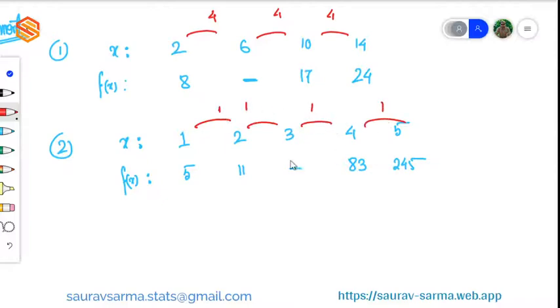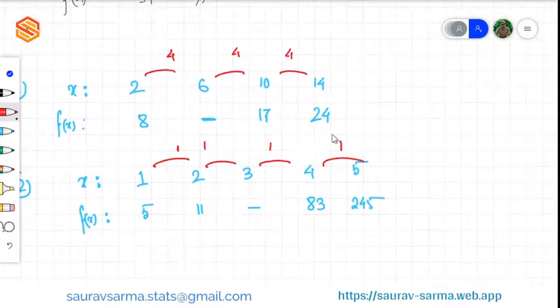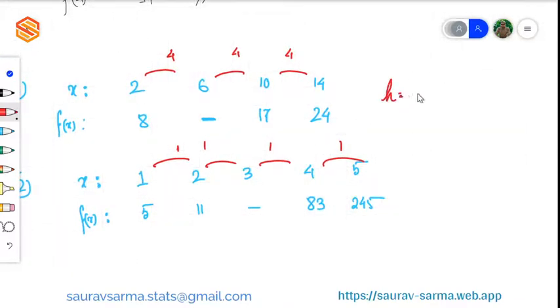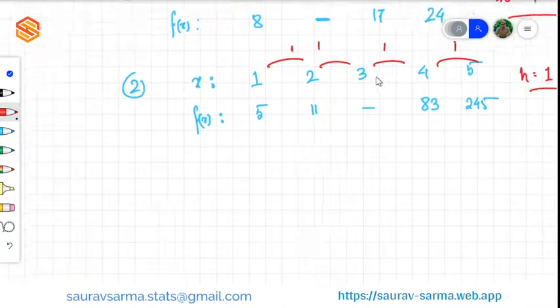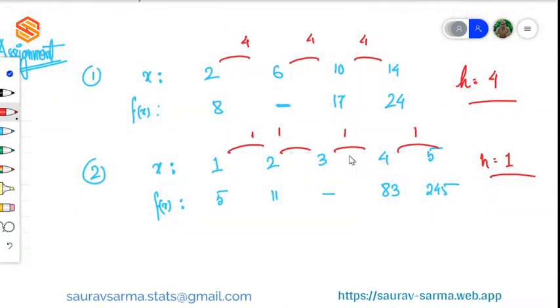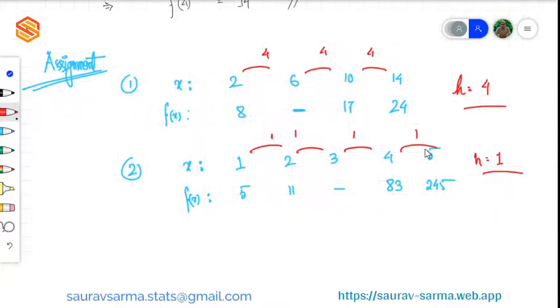That means here h is equal to 4, here h is equal to 1. Remember this when you calculate. So these are your assignments for this class.